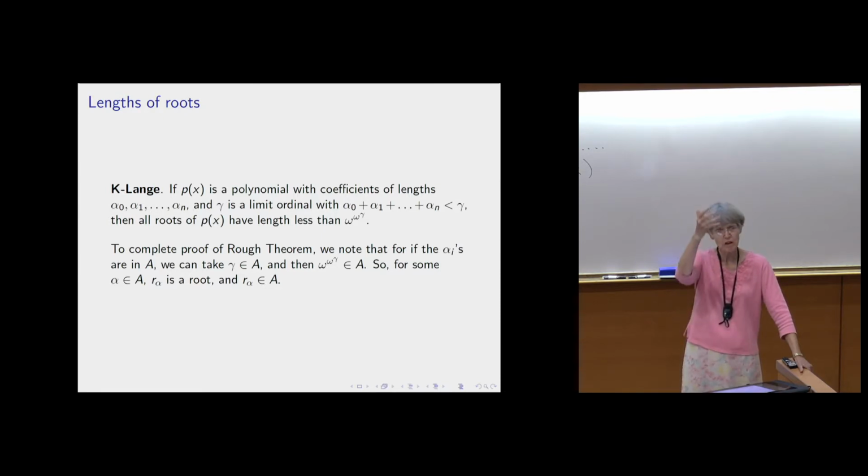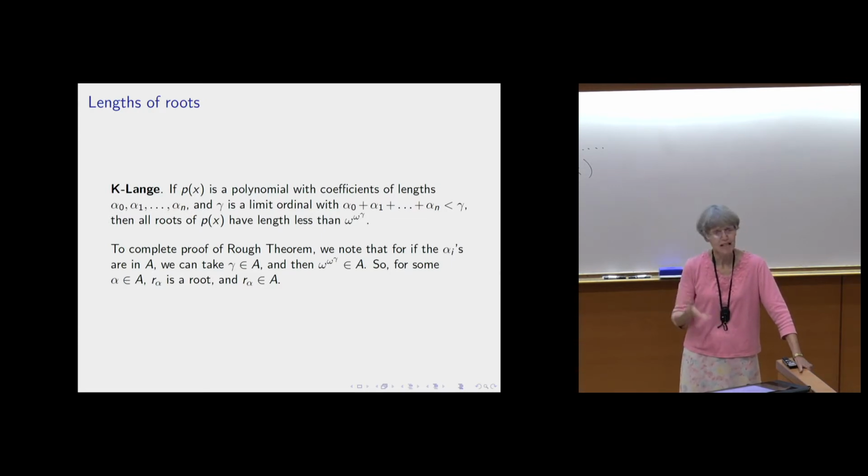So we have a polynomial. The lengths of the coefficients were these α_i's, and then we can find the sum inside our admissible set, and we can find the next limit ordinal. We had ω in, and then the ordinal ω^γ is also present.